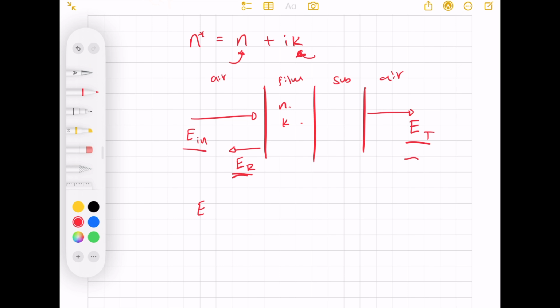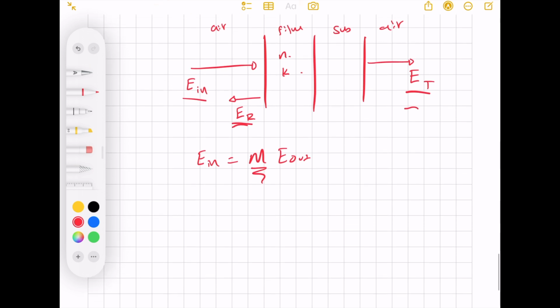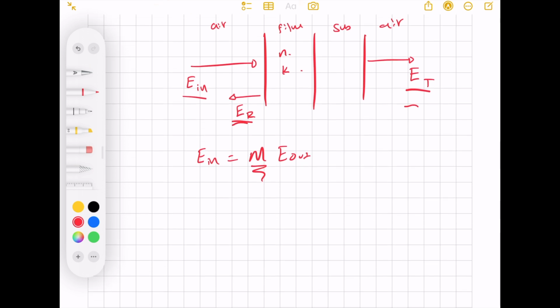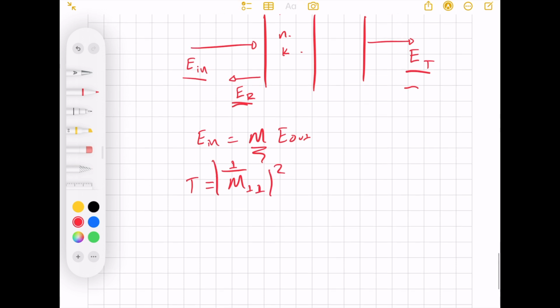What this tells us is that E in is related to E out through a matrix we're going to call M, and I'm going to discuss this thoroughly in a second. But transmission is 1 over the magnitude of M11 squared, and reflection is M21 over M11 squared.